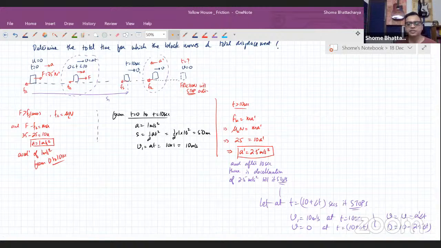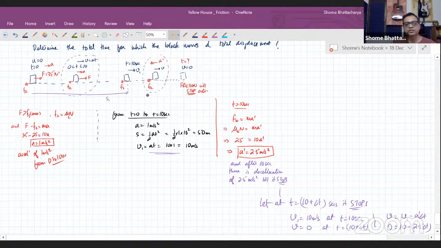So what is happening now? I have pushed it for 10 seconds with this force. So by the time you come to the 10 second, it's developed a velocity of 10 meters per second. And then I stop pushing it. Once I stop pushing it, it starts decelerating because of friction. It's sliding on the surface now. So as long as it's sliding, friction will oppose the slipping.